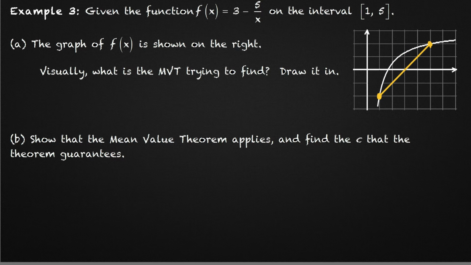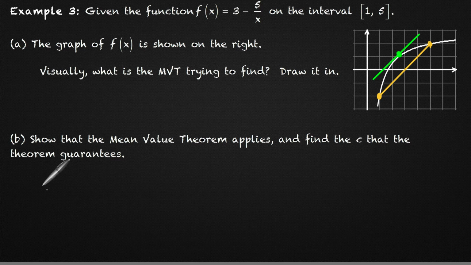Maybe that point is over here somewhere on the graph, where the tangent line slope is equal to the slope between these 2 points. So that's what the mean value theorem is trying to find. It's trying to find this point C. So let's see if we can find that.